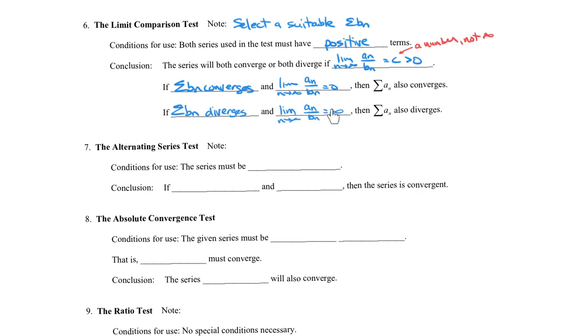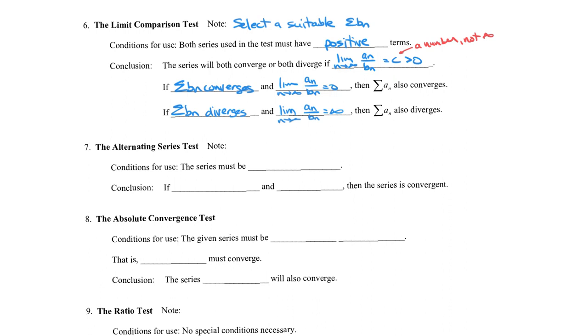So a sub n is definitely going to diverge also, right? B sub n diverges, but you put a sub n over b sub n, and a sub n dominates. The numerator dominates so that the limit here is infinity. So a sub n is also going to infinity, so it's going to also diverge.